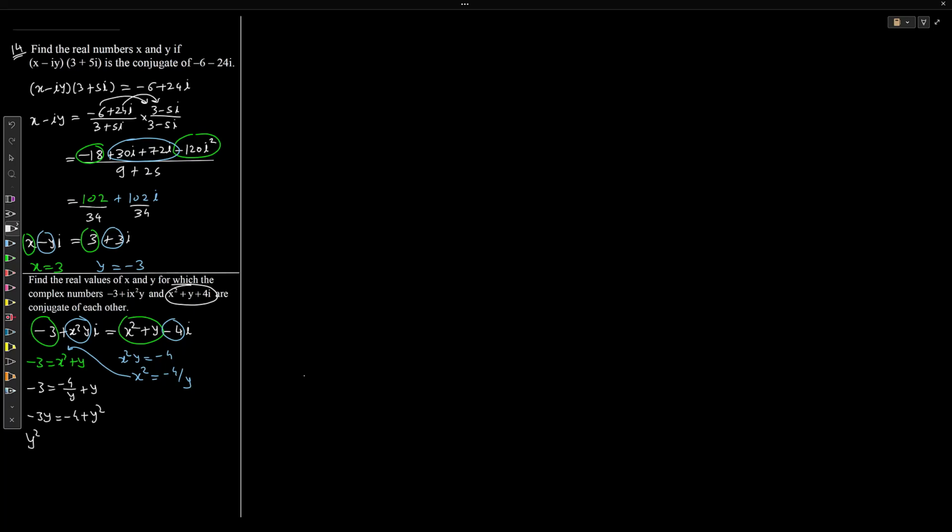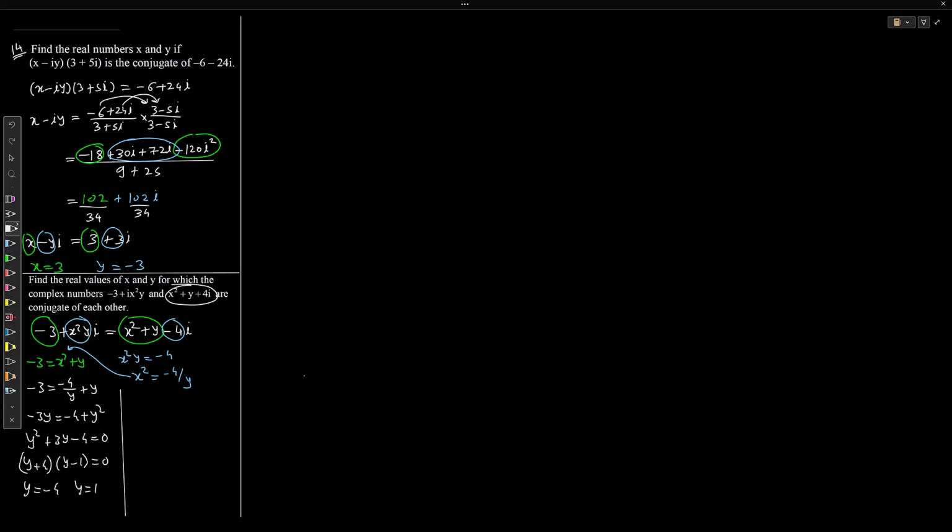Or we can say we'll get quadratic equation y square plus 3y minus 4 equal to 0. So your factors will be y plus 4 and y minus 1. So here we get y equal to minus 4 or y is equal to 1.